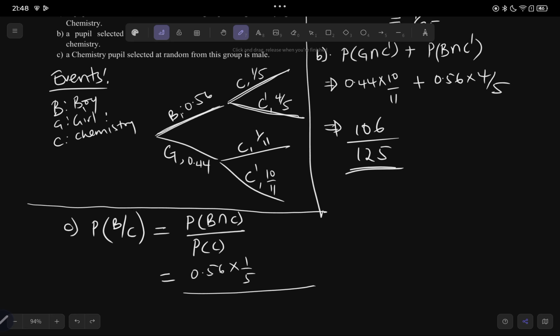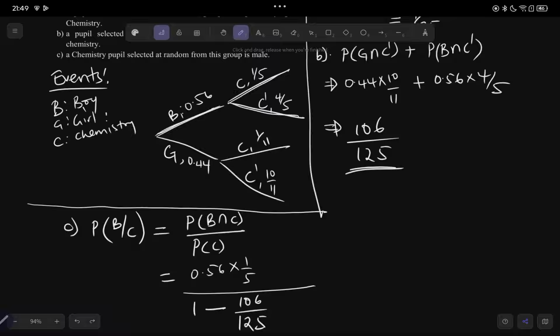Now down, either we can choose to use complement because we have already seen that in part B we worked out people not offering chemistry. So it will be 1 minus not offering chemistry to get us those who are offering chemistry. If not, we'll still follow the branches. We can go boy chemistry, then girl chemistry.